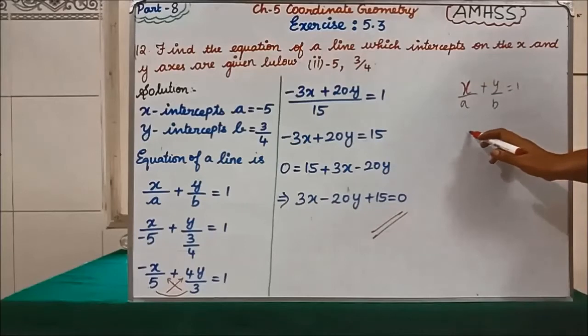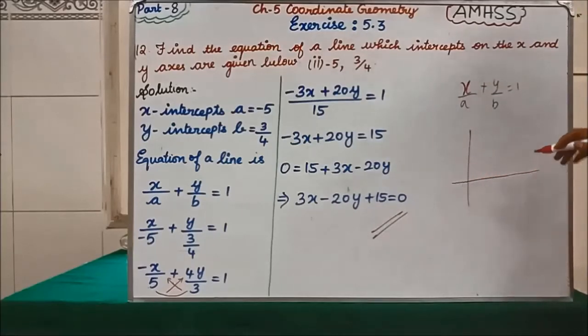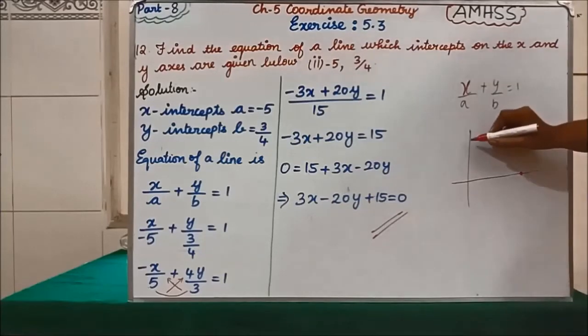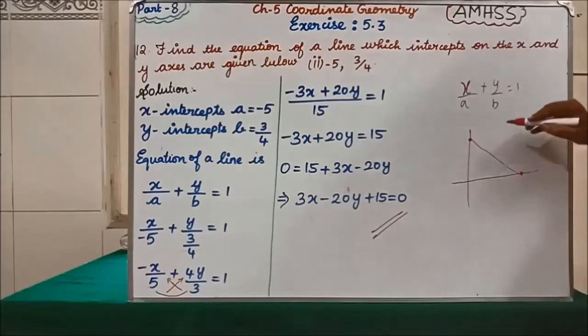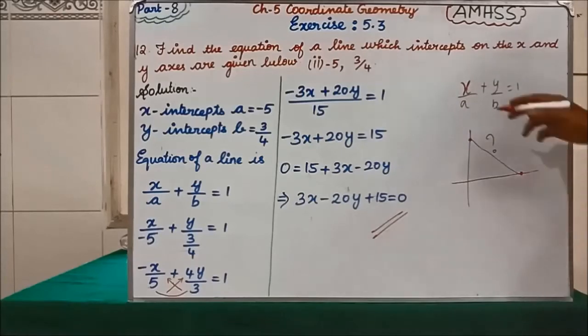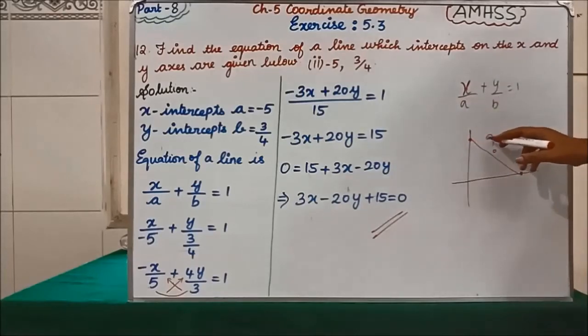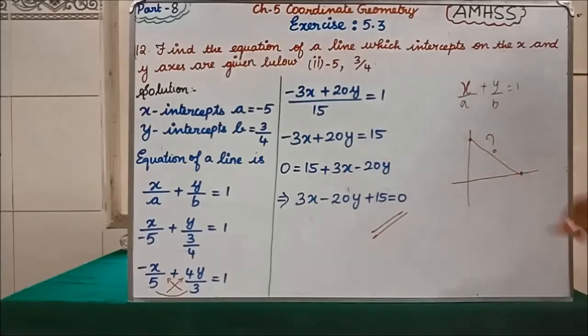Now consider this is the line. The x intercept is at some point, and the y intercept is at some point. If we join them, this is the equation of the line we have to find in this question. Clear?